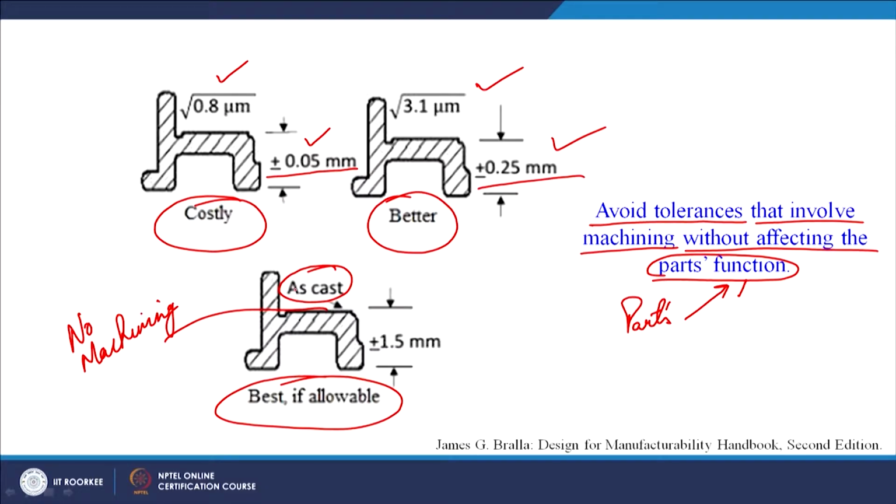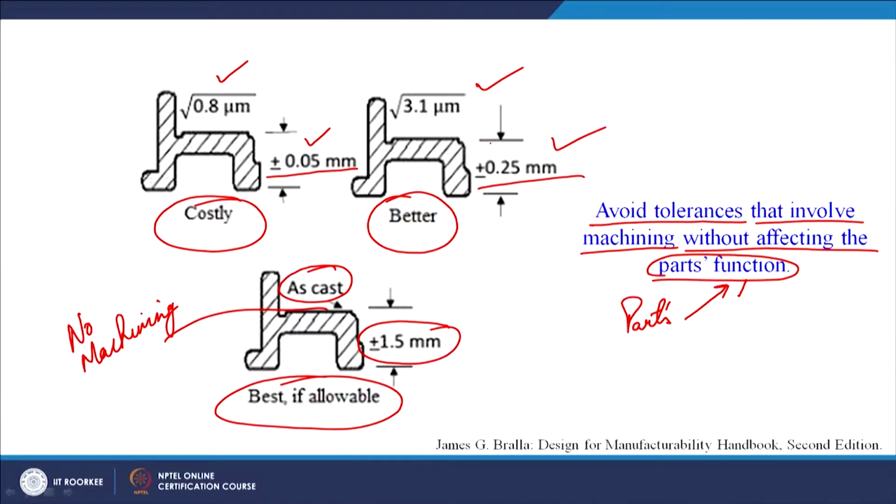So one operation has been removed, so it will be the best or cost effective design of this product. The other values you can also compare: plus minus 0.05, plus minus 0.25, plus minus 1.5. So this is the best design, by avoiding the machining and relaxing the tolerances.